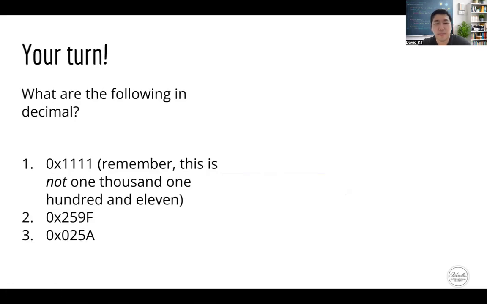Your turn. So figure these on your own. Remember, this is not 1111. Oh, by the way, 0x just means hexadecimal. Because for the computer, how do you know if this is decimal or hexadecimal? So you write 0x. This does not mean 0 times 25. 0x means hexadecimal is coming up.